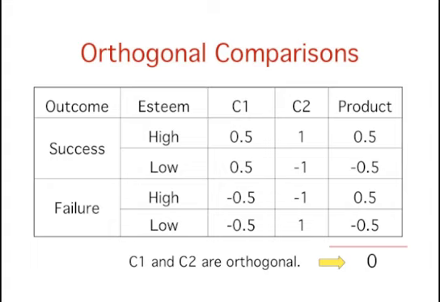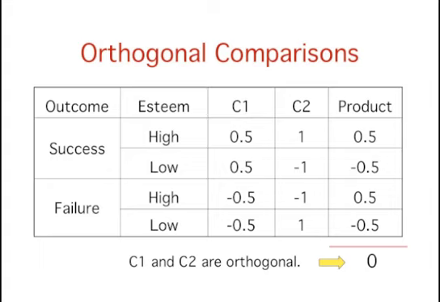Consider again the experiment on the attribution of success or failure. This table shows the coefficients previously presented in this section to test the two different hypotheses. The column C1 contains the coefficients from the comparison between ratings of people who were told that they had succeeded and those who were told that they had failed.